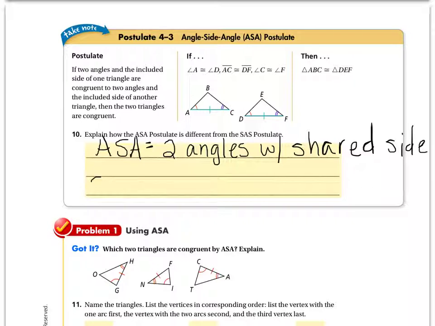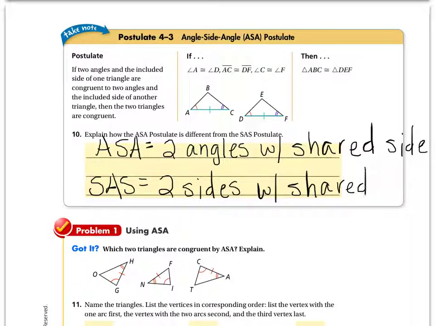In side-angle-side, it's different because we're talking about the two sides that share an angle. Two sides with a shared angle. That's the difference between the two.